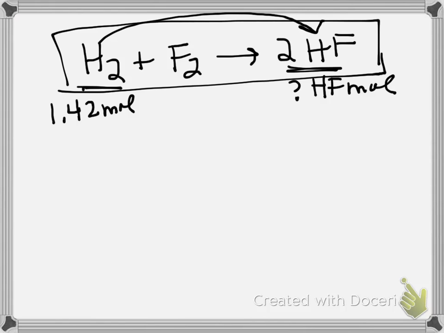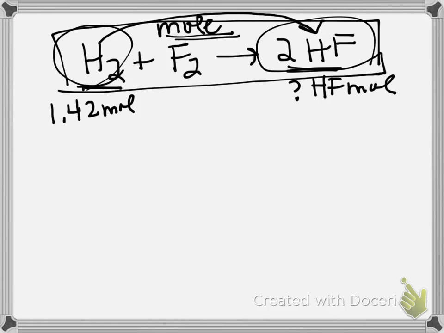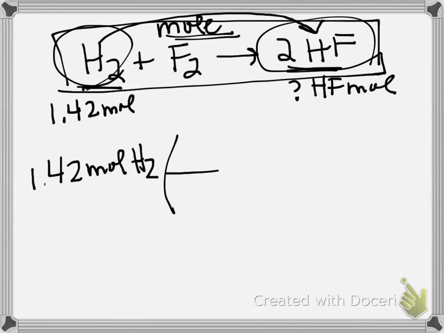When you're converting one reagent quantity to another reagent, you always have to use what ratio? The mole ratio. Okay, so you always have to go and use the mole ratio. So let's start with what we're given. We're given 1.42 moles of what? Of hydrogen.